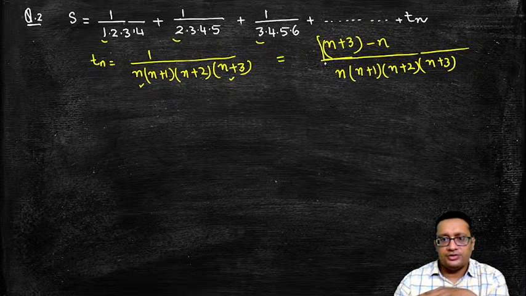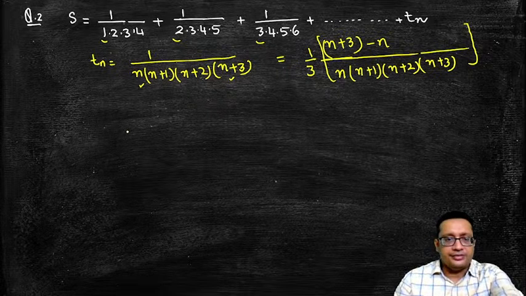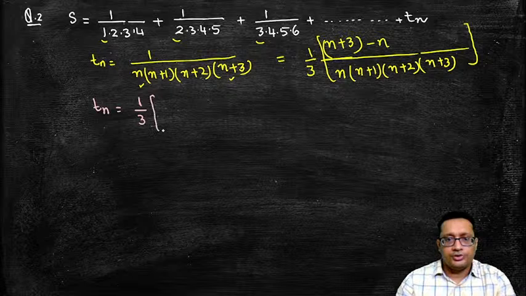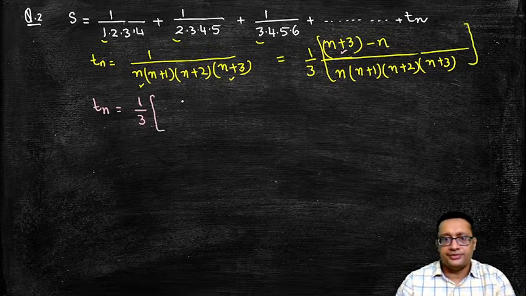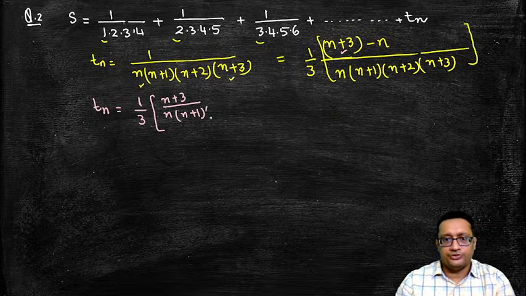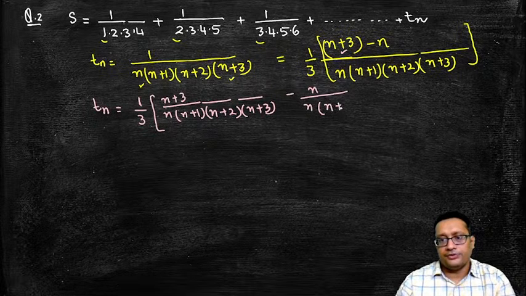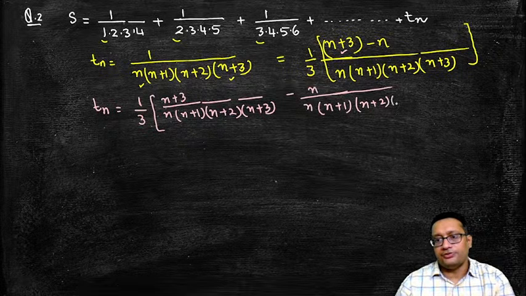By doing this numerator I am getting 3, but initially I have 1, so I am dividing by 3. Now I am writing Tn as a difference of two terms, n plus 3 divided by n, n plus 1, n plus 2 and n plus 3, minus n upon n, n plus 1, n plus 2 and n plus 3.